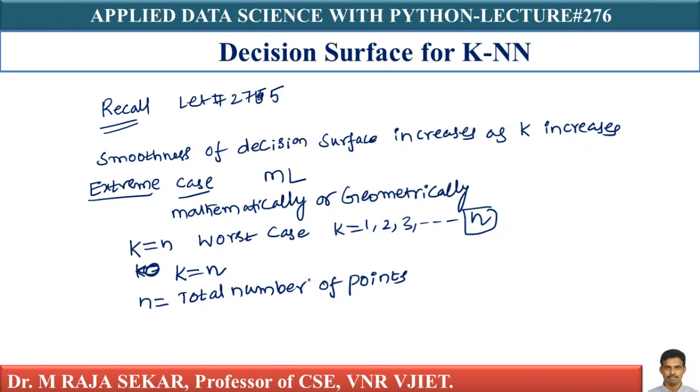Understanding extreme cases helps us in deeper understanding of what's happening. I strongly recommend any concepts in mathematics, especially in machine learning, you can understand by considering extreme cases. Here k equal to 1 is one extreme case.